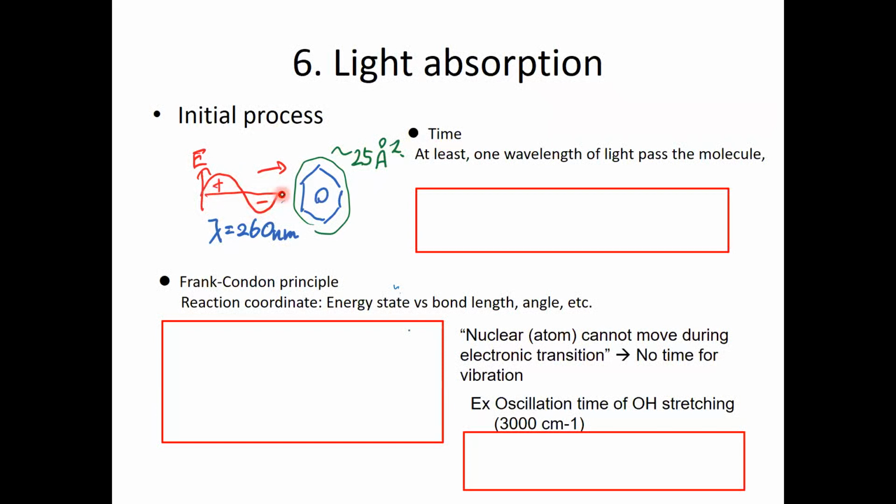Because for each molecule, this molecule needs to know what kind of light is coming to it, and what kind of light means the wavelength of the light. So at least one wavelength must go through the molecule. Otherwise, this molecule cannot absorb the light.